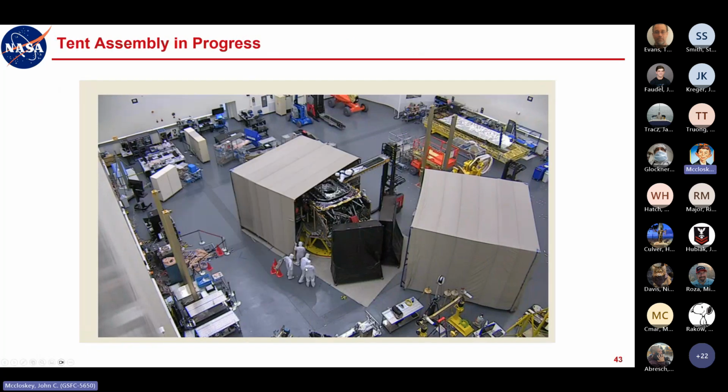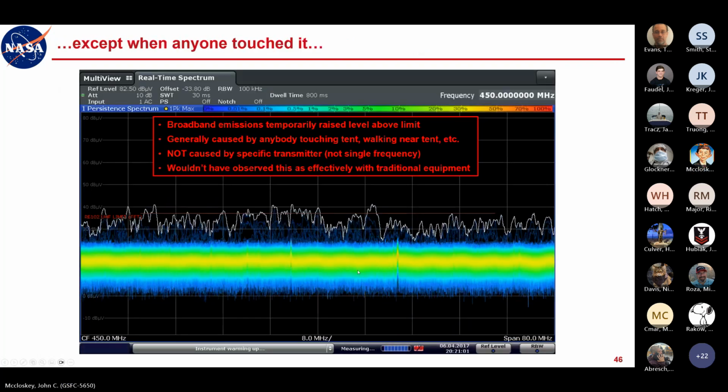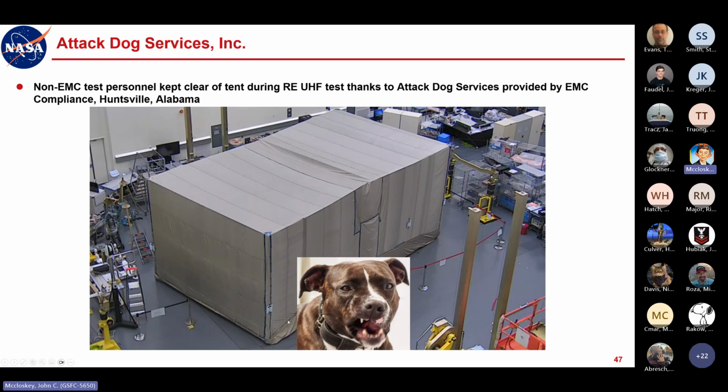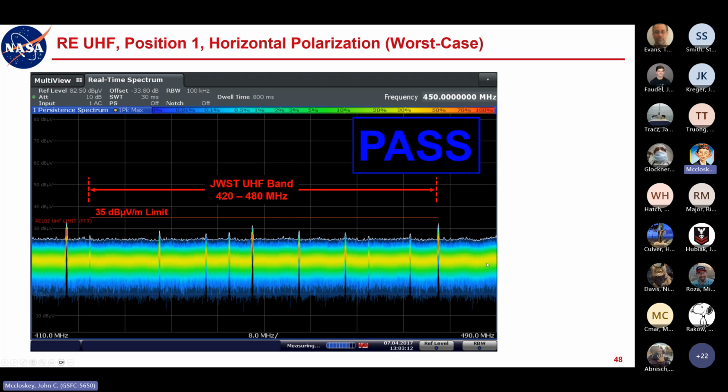He was just standing guard while we were running our sweeps to keep everyone away from the tent, and I think that's probably when we set up the perimeter here, because there's other stuff going on in the high bay, and we weren't able to get a high bay clear for this part of the test, so we just had to deal with it. But Ken was at least able to snarl at people if they got too close to the tent.